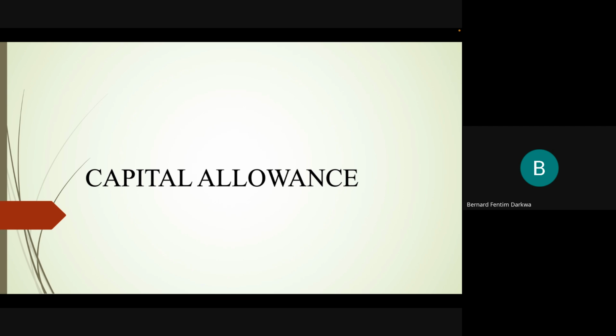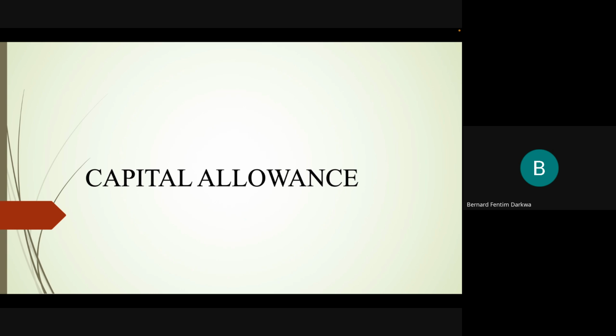So all the assets that you are using, motor vehicle, plant and machinery, there are classes of assets that you place all your assets into, and each of them has its rate of depreciation. We calculate the depreciation or the capital allowance on the assets for you to be able to know the capital allowance that will be granted.